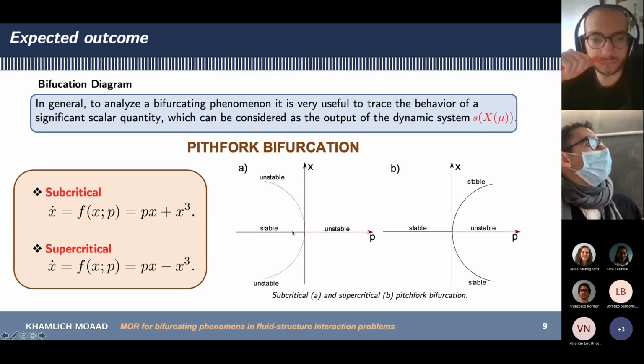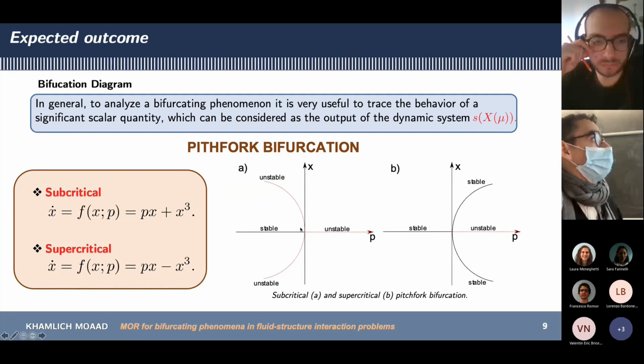So it's also dangerous from a design point of view, because imagine having a system below the bifurcation parameter, which in this case is 0. Then we will have a stable solution, which is the null solution, and two unstable solutions.